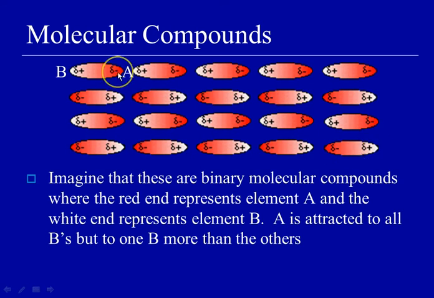So again, notice, anywhere there's a molecule, A is always next to a B, but this particular A is way more attracted to this B than this B, and so together they form a compound bonded together, a molecule. Notice, each molecule makes a distinct larger particle than just an A or just a B. This is going to be different than the ionic ones that you see later.